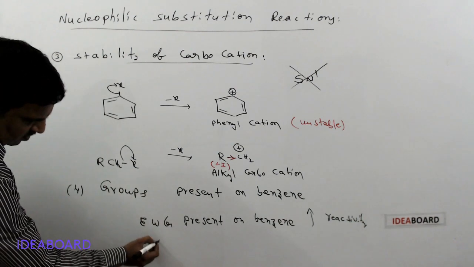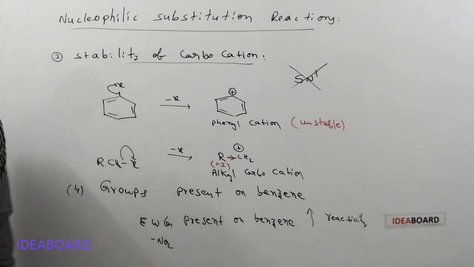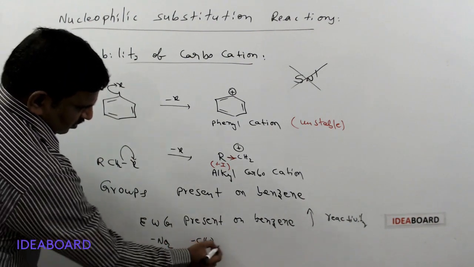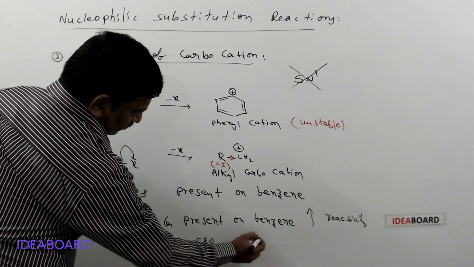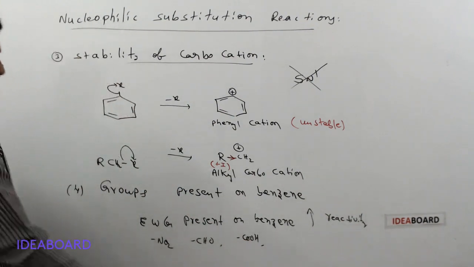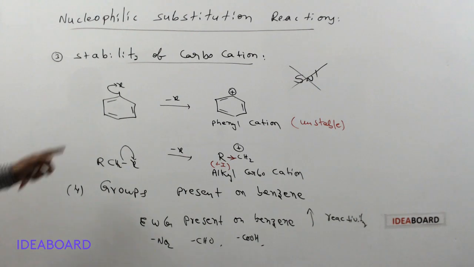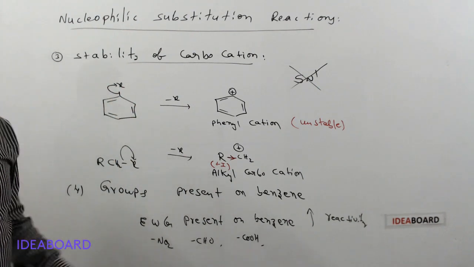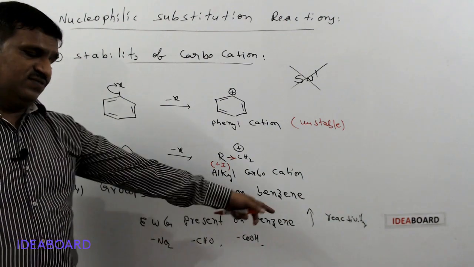What are these electron withdrawing groups? Simply NO2 group, CHO group, or COOH group. Along with the halogen, if there is an NO2 group at the ortho position or para position, for example, then they increase the reactivity.